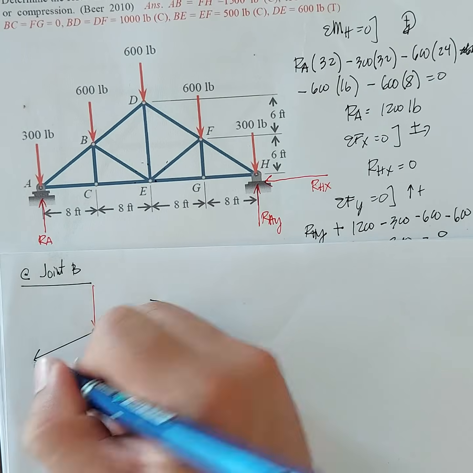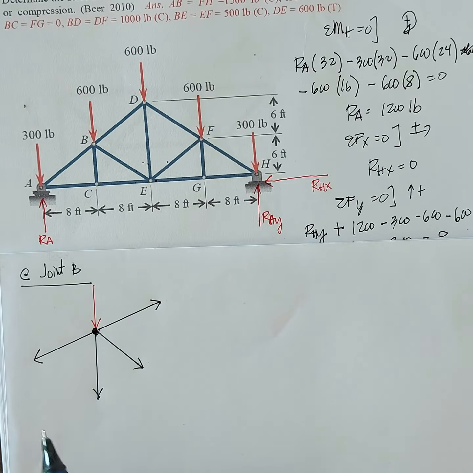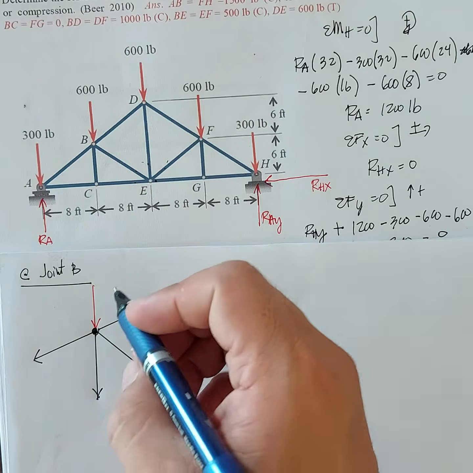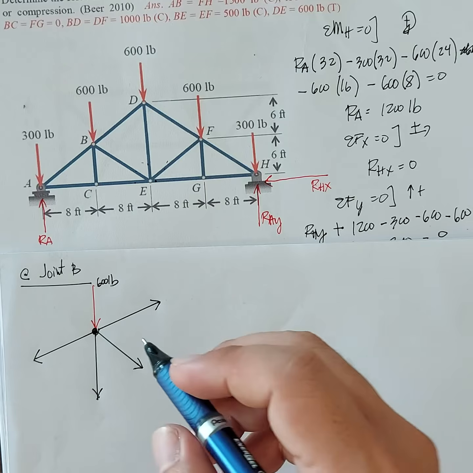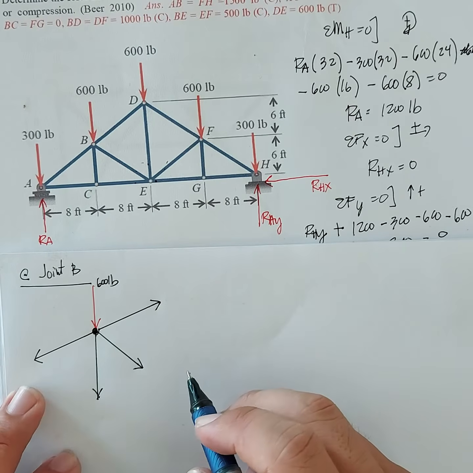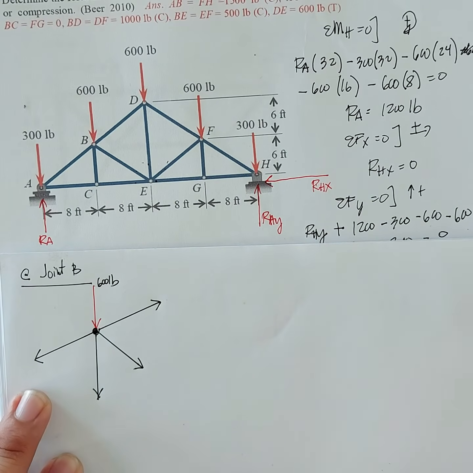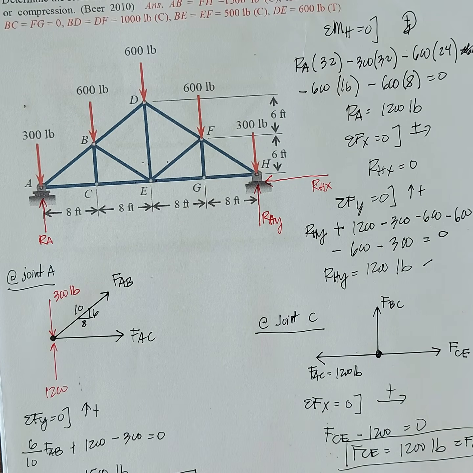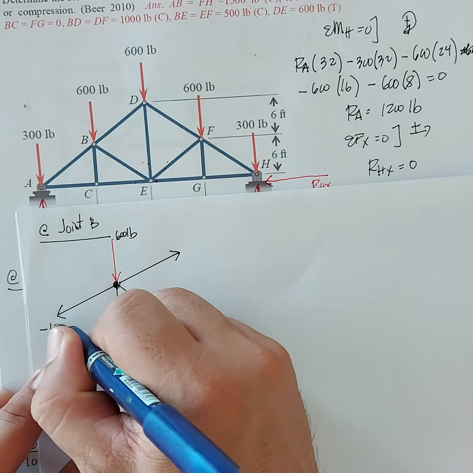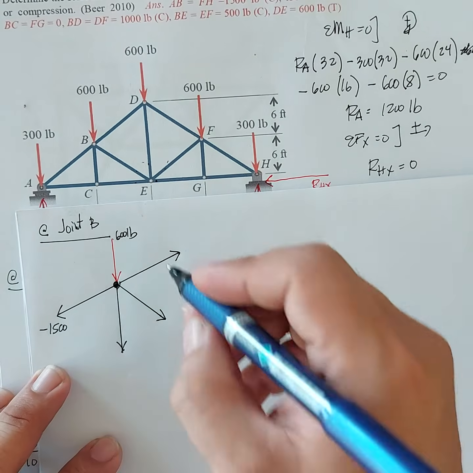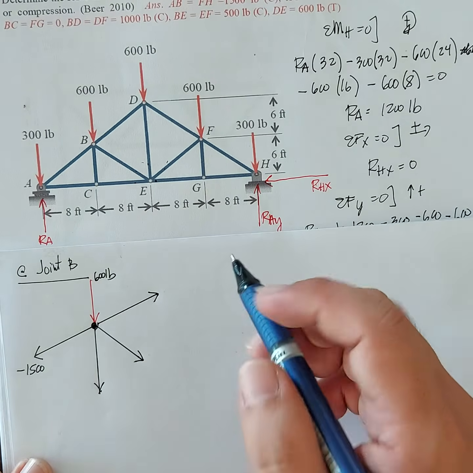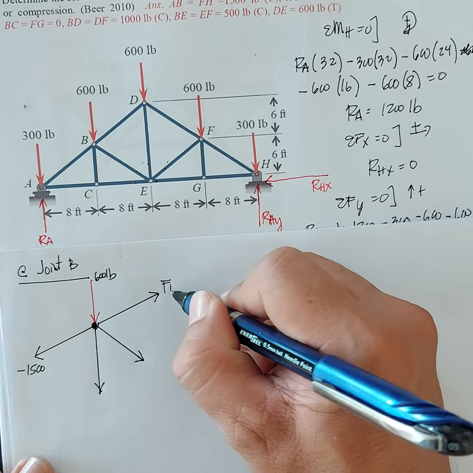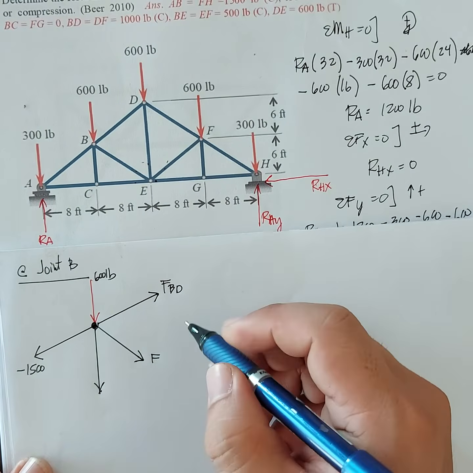So tension ulit ang assumption ko sa lahat ng forces, except of course sa may external force kasi given naman na yan. So we have 600 pounds itong external force natin. Okay? This is FAB which was solved a while ago. Ano yung FAB natin? FAB is negative 1,500. And then this is FBD. This is FBE.